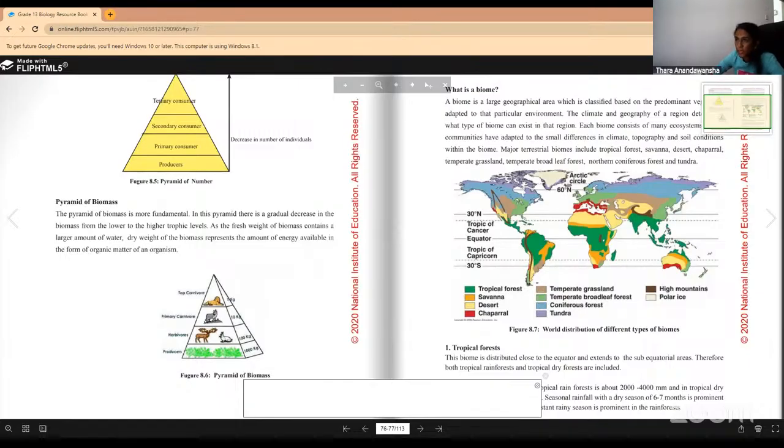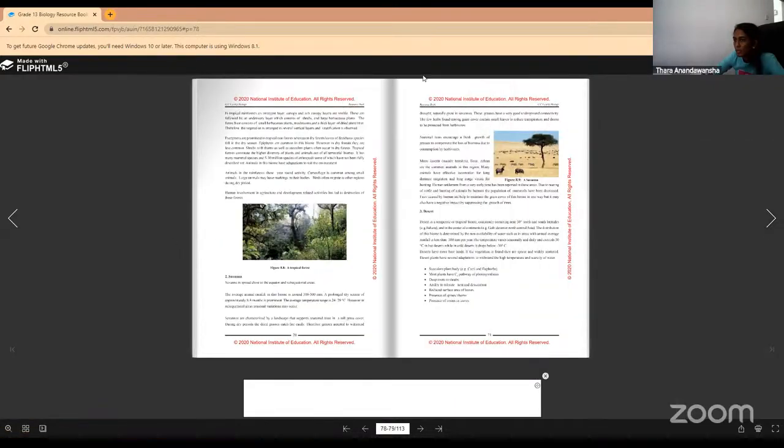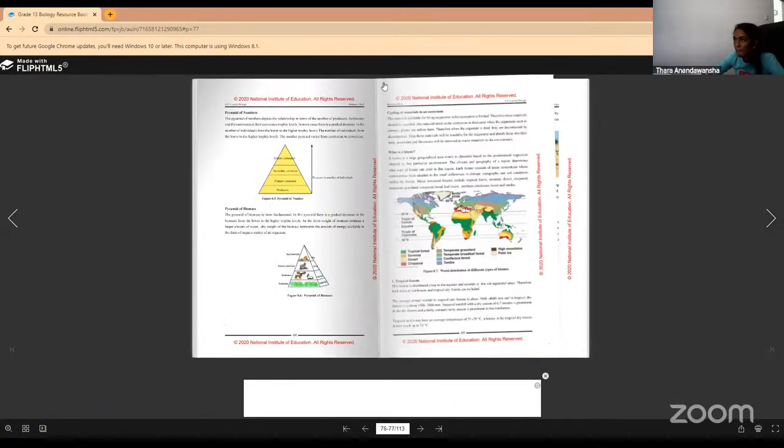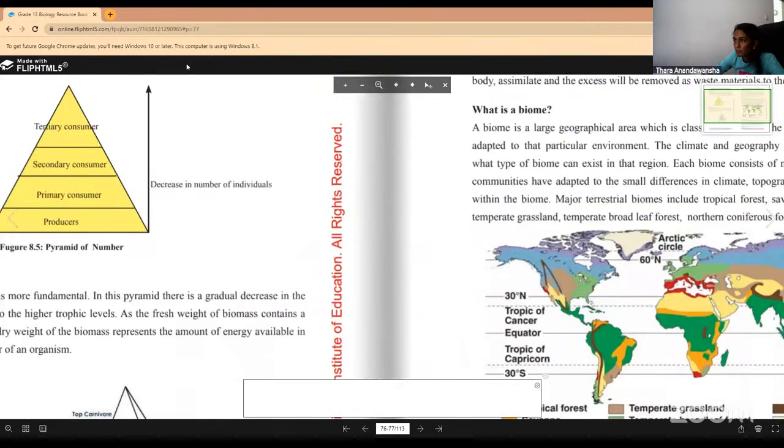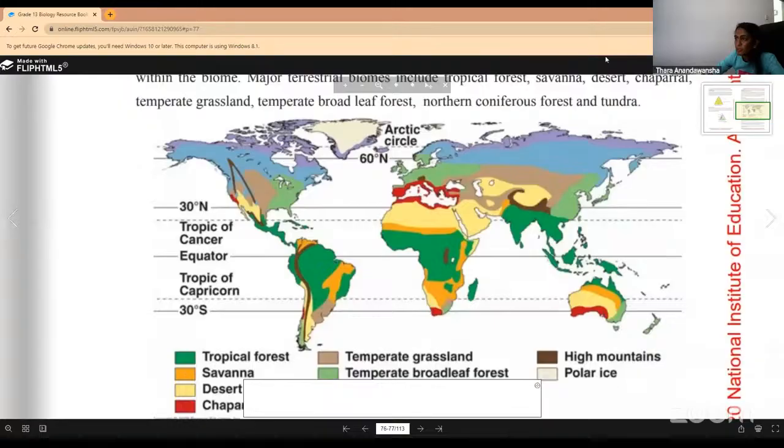First, tundra. Tundra is at the top near here. Let me increase the size more. Right. So tundra is given in purple color, so that's the topmost biome.